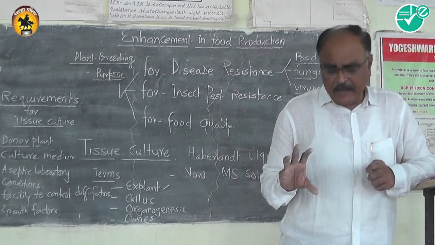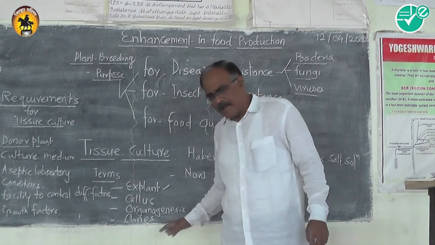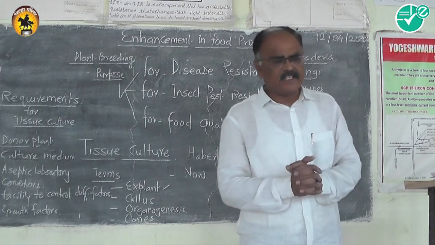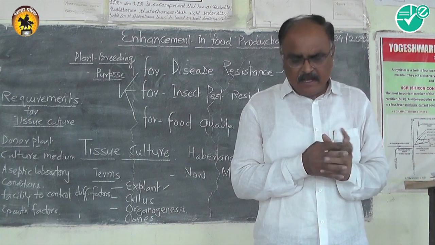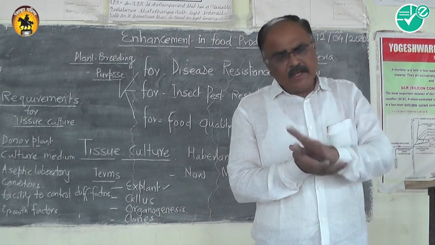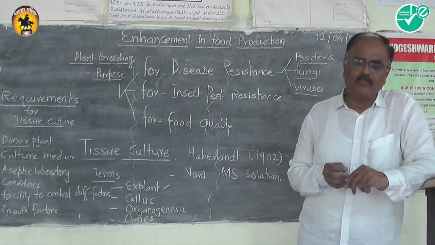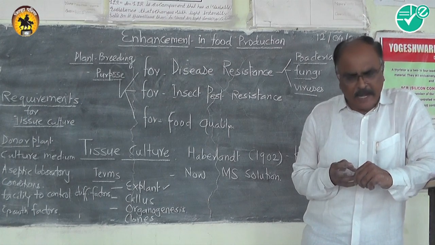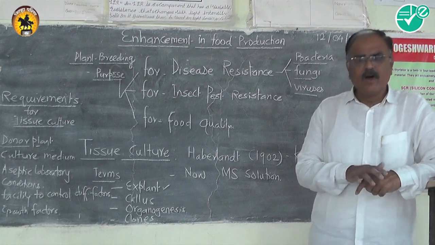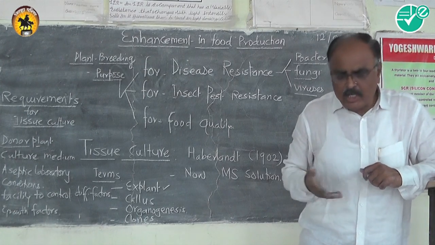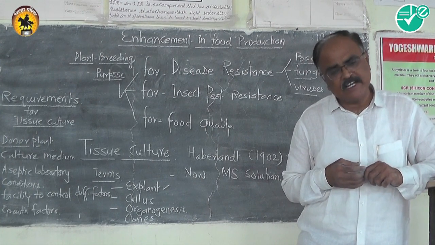Now, once callus formation takes place, changes can take place in the growth medium. In the growth medium there are two growth hormones. In plant tissue culture, auxin and cytokinin are used. When auxin exceeds the concentration of cytokinin, root formation takes place.